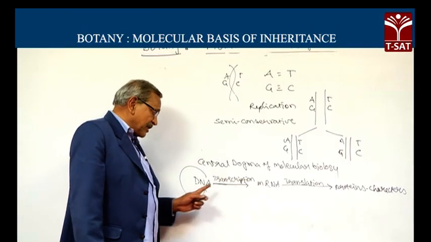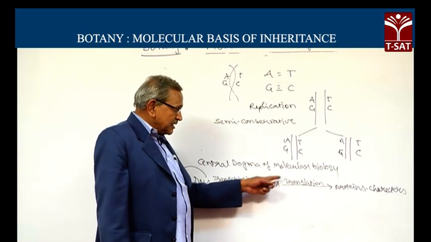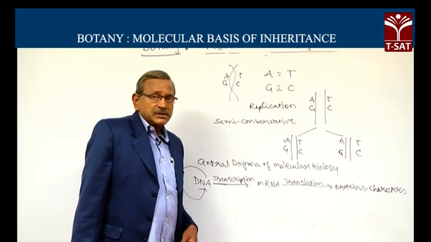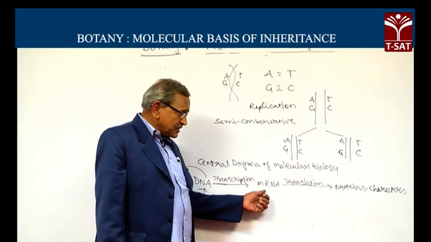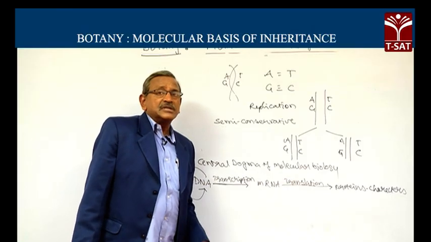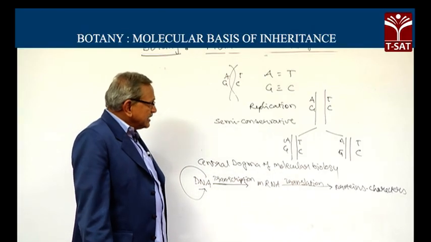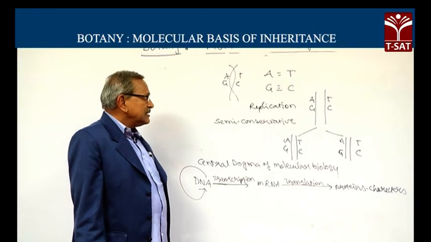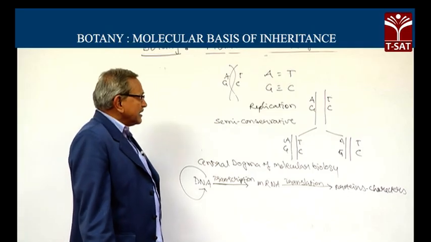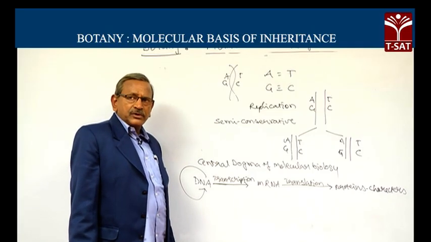The process of formation of mRNA is called transcription, and the information present in mRNA is translated into proteins, and because of proteins, characters are expressed. The DNA shows right-handed coiling, and one turn has 10 base pairs. It measures 34 angstroms.